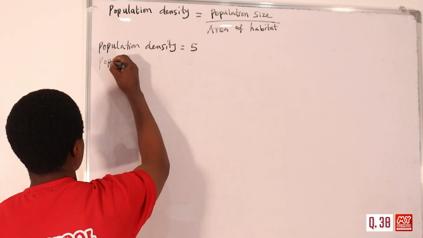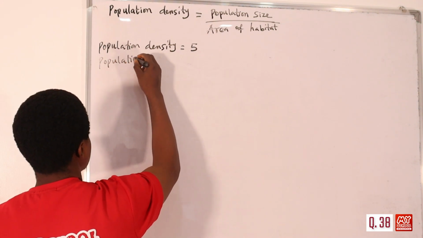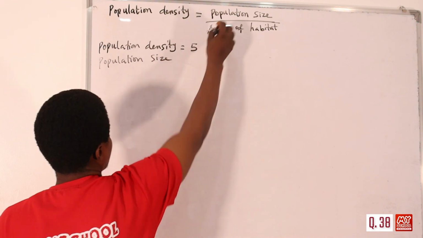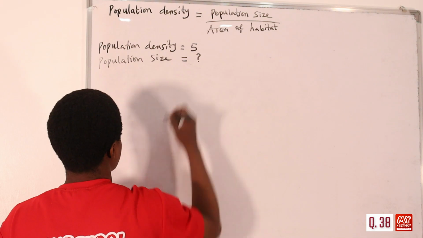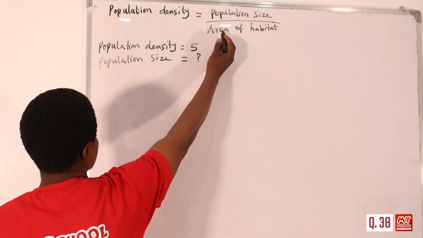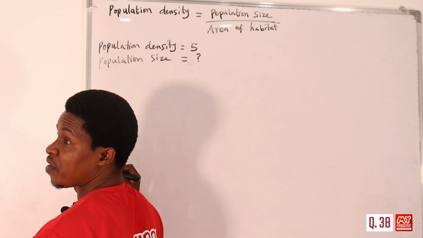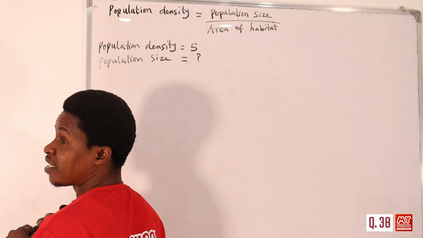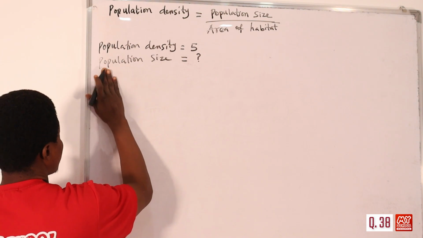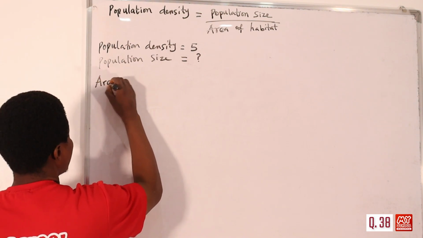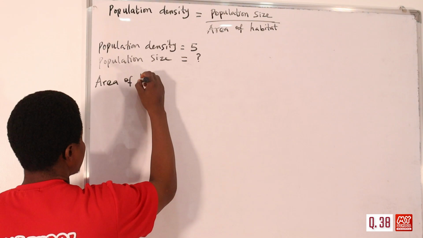So the population size, which is what we have here, is unknown to us. We're given the land side of 200 meters. Since we're given the side, we can find the area of the farmland or habitat.